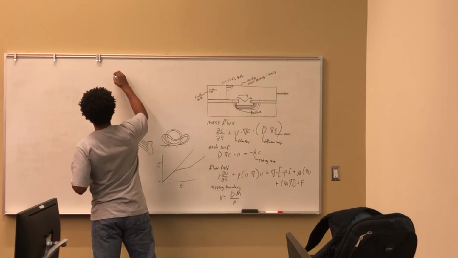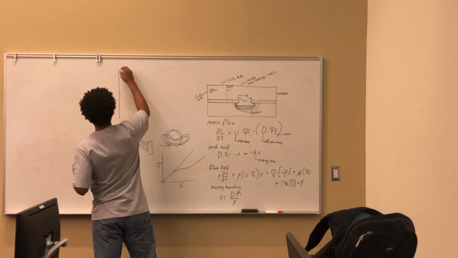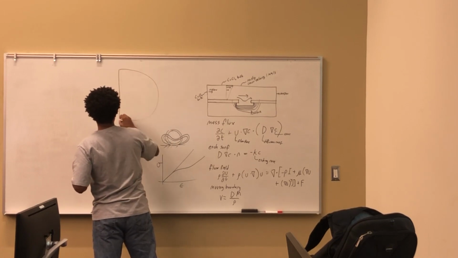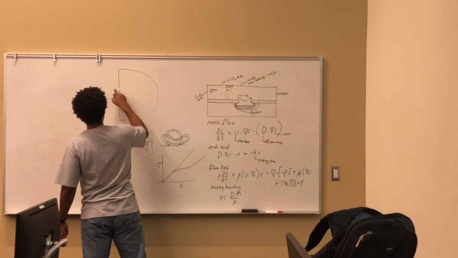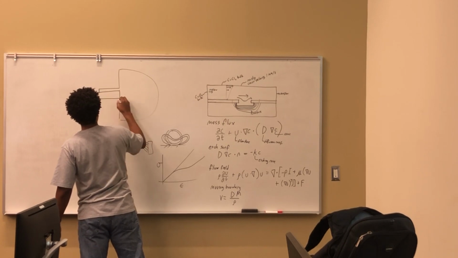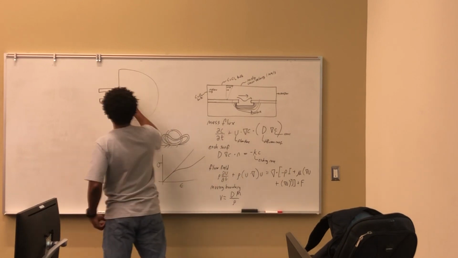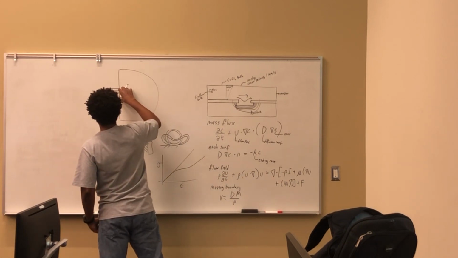So we'll model something like this. It'll be a semicircle. We'll have two wave sources, light sources coming in this direction, going through a slit here.